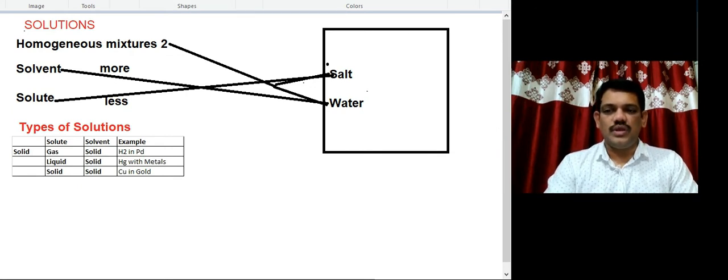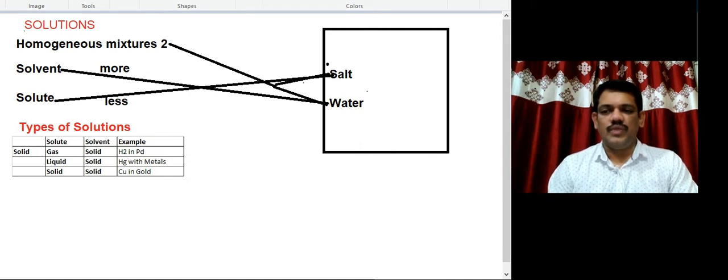That means the solid is the solvent, having more quantity, acting as the solvent, and the solute is present in very small quantities. The first type of solid solution is gas in solid, for example hydrogen in palladium.